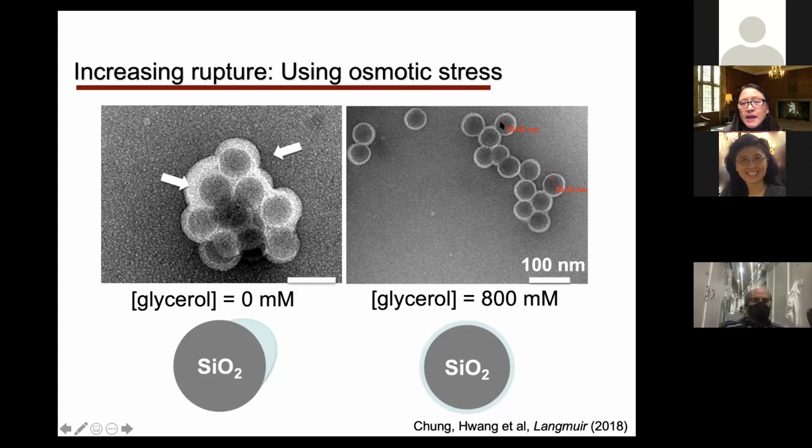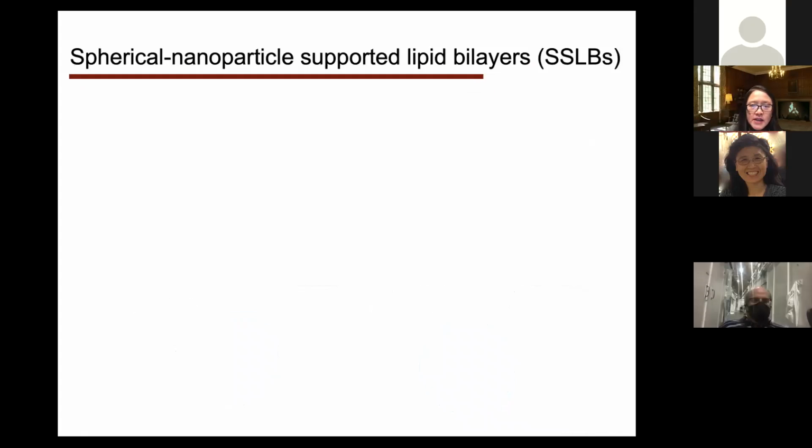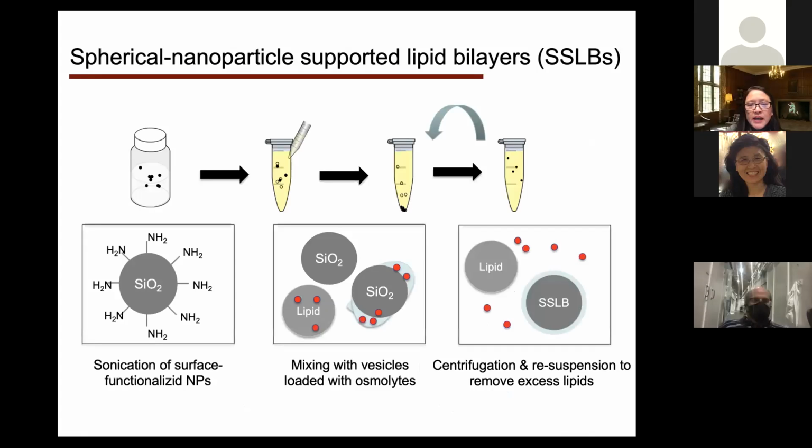The size scale that you're seeing here is around 70 nanometers, because these are 60 nanometer diameter nanoparticles coated with a bilayer, which is 5 nanometers on each side when you look at the cross section. So we call this SSLB, standing for spherical nanoparticle supported lipid bilayer.